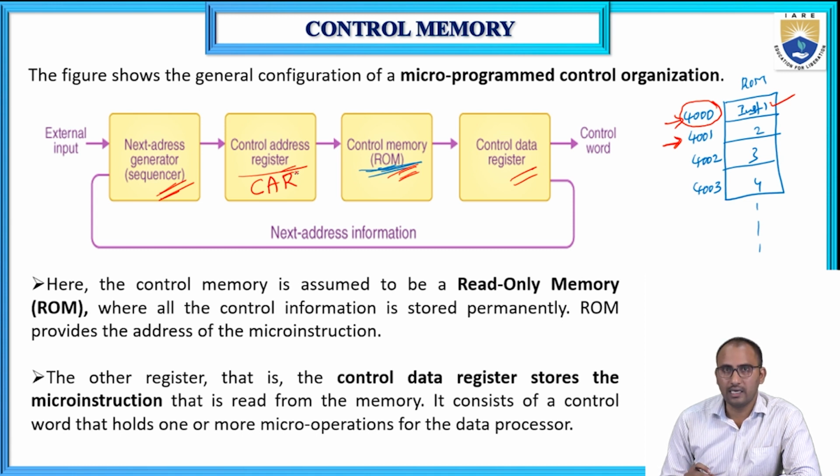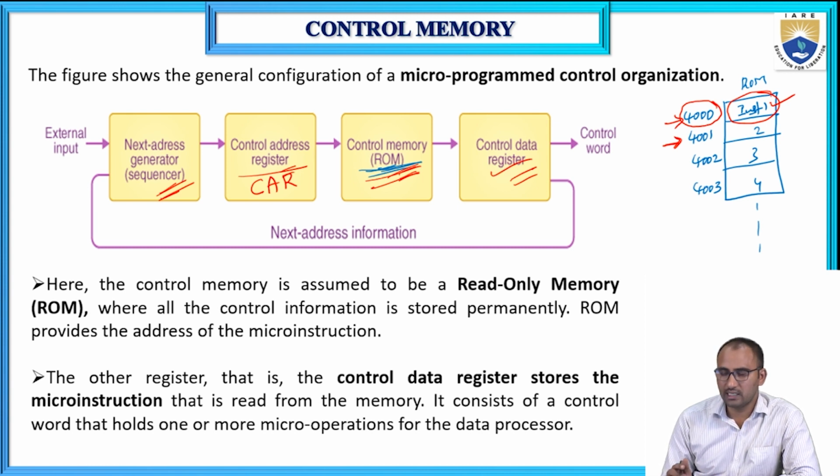The address of the currently executing instruction will be stored in the control address register. After that, the instruction in that 4000 location will be fetched from the control memory. Whatever instruction is at that address will be stored in the control data register.